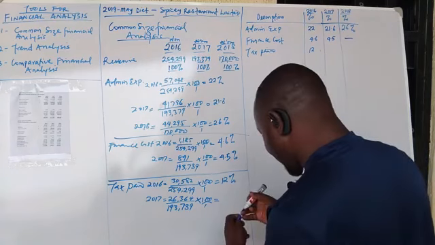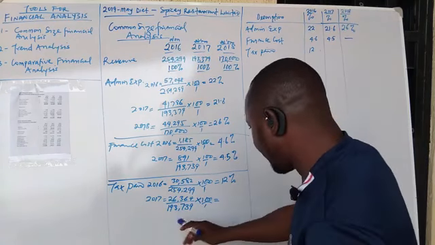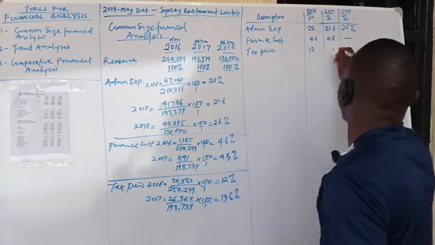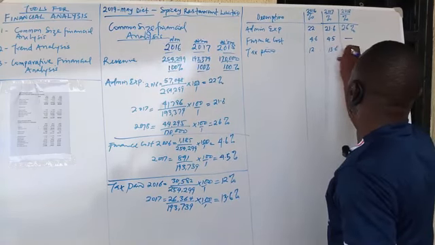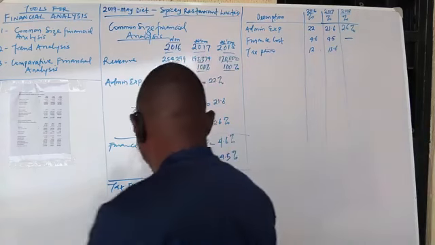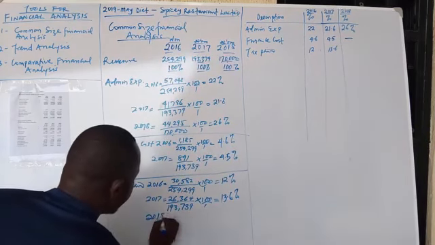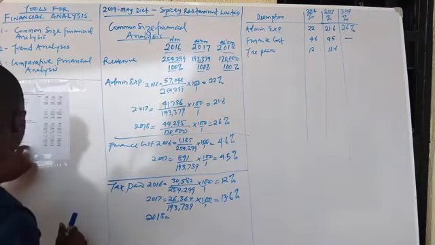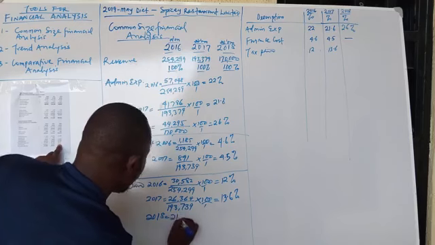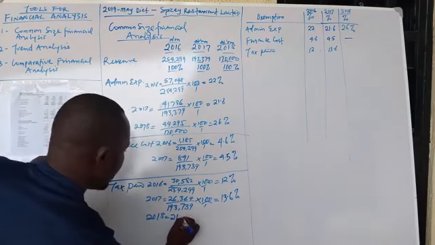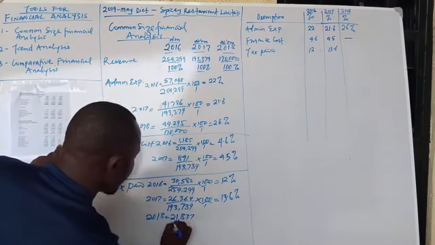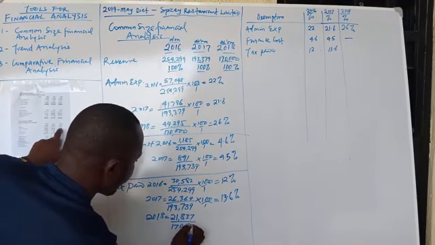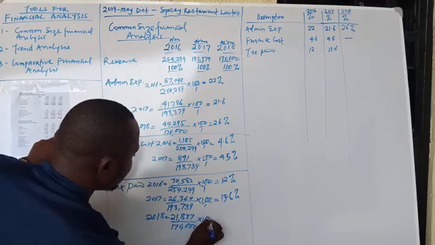Now, how about 26,364? 13.6. Okay, the answer of this one is 13.6%. So we have 13.6% here. Let's check the one for 2018. 2018 tax was how much? 21,837 divided by total revenue 170,000 multiplied by 100 all over 1.